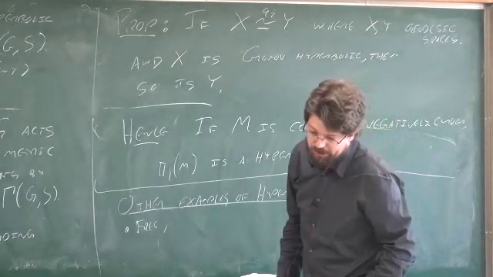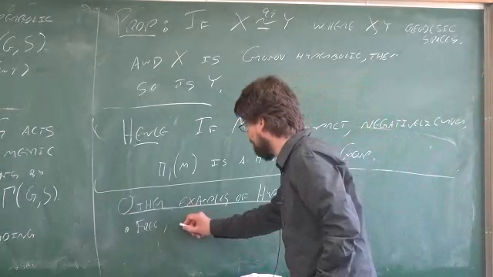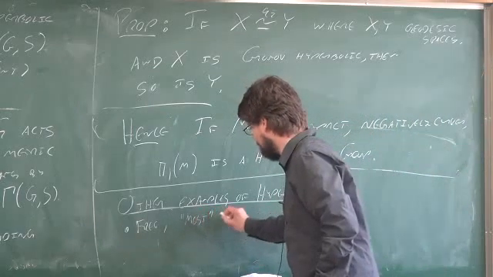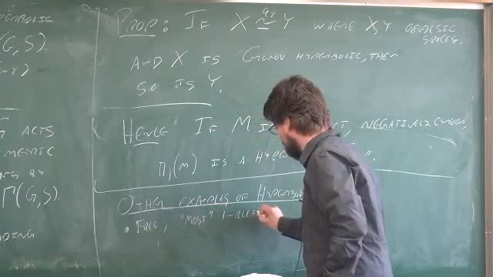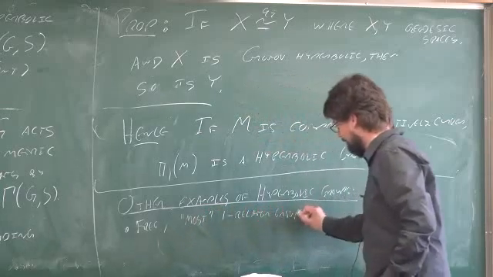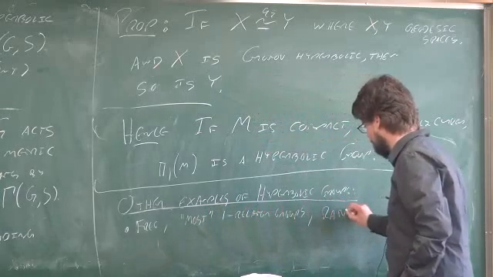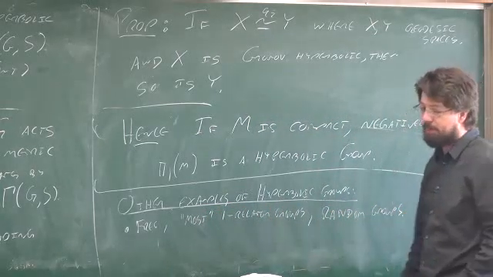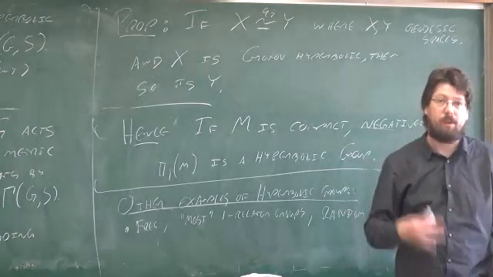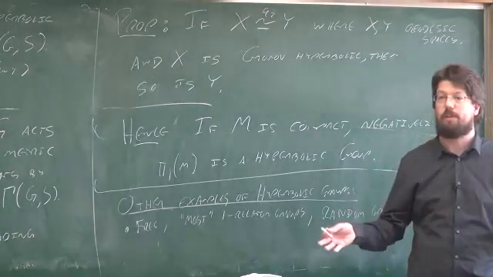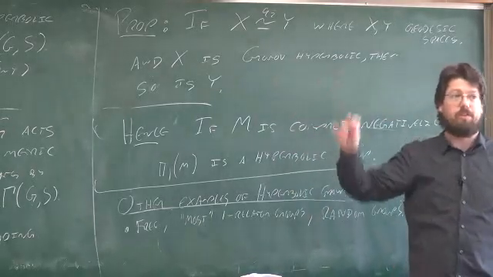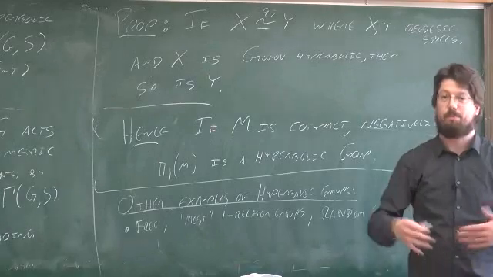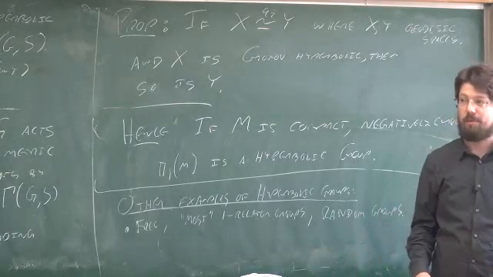But also, most one-relator groups, random groups are hyperbolic. There's a way to make this precise. If you just take a free group and then you add some relations at random, in a sense you can make precise that with probability 1 you get a hyperbolic group.